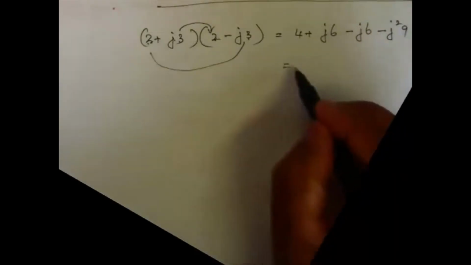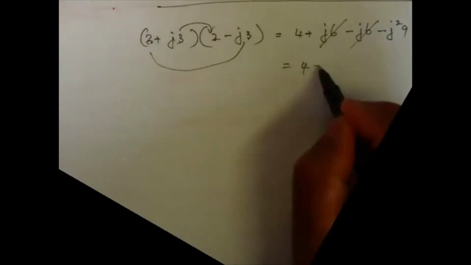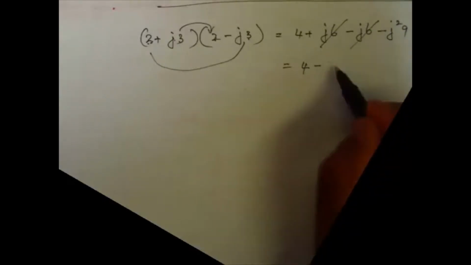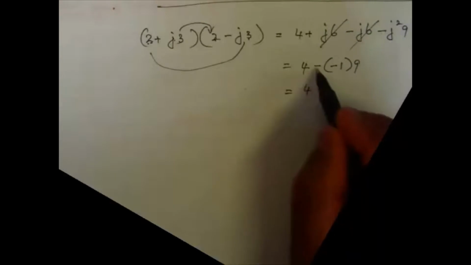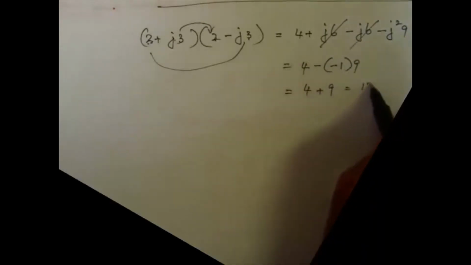So you can see these two get cancelled, and it is 4 minus j squared 9. j squared is -1, so negative times negative is positive. So we have 4 plus 9. So the answer is 13.